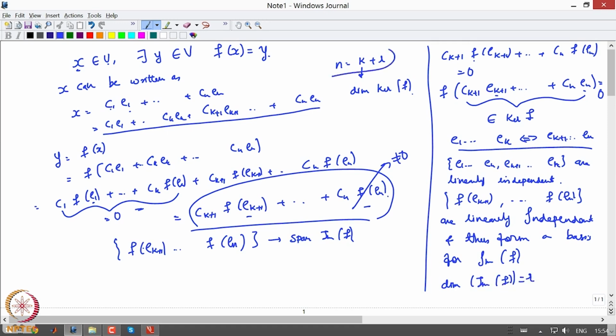So, the dimension of the kernel plus the dimension of the image is n, where n is the number of columns of the matrix.